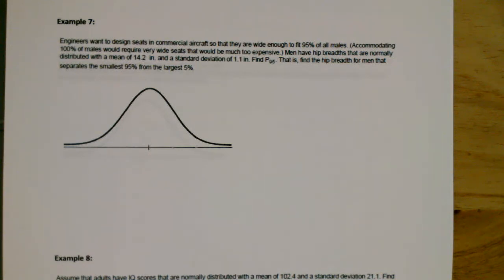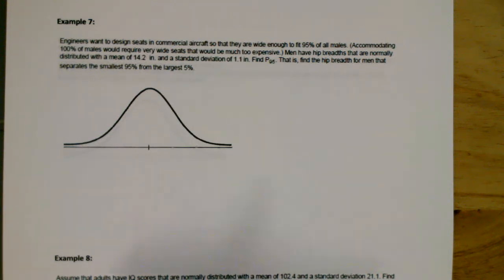Men have hip breadths that are normally distributed with a mean of 14.2 inches and a standard deviation of 1.1 inch. Find P95, and that represents the 95th percentile. In other words, you want to find the hip breadth for men that separates the smallest 95% from the largest 5%.